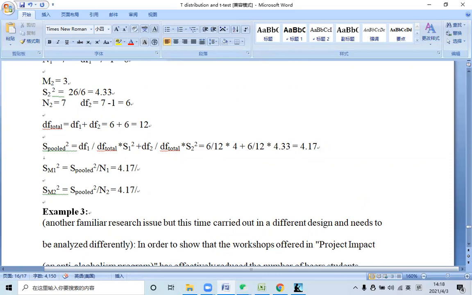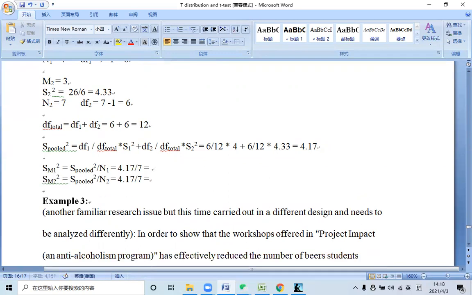In this case, the n number is the same in the two groups. They're both the same, so we're going to get identical estimates: 4.17 divided by 7.